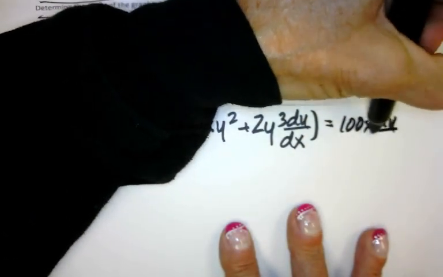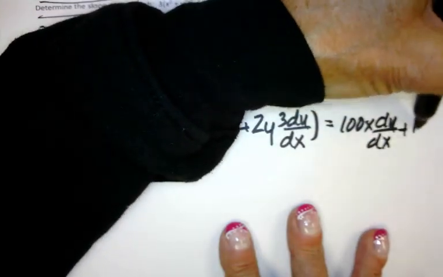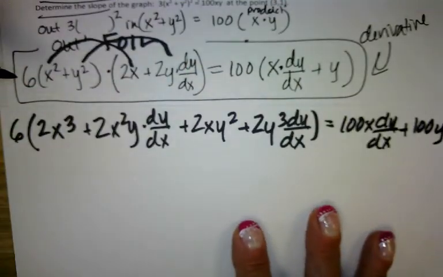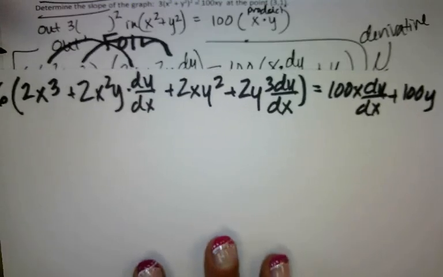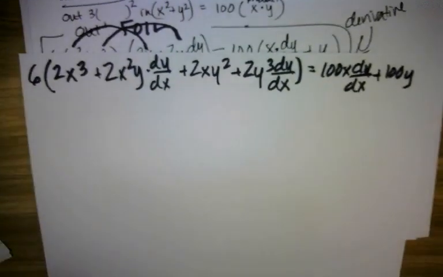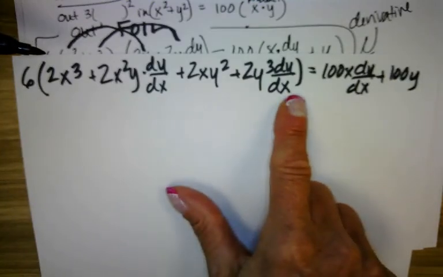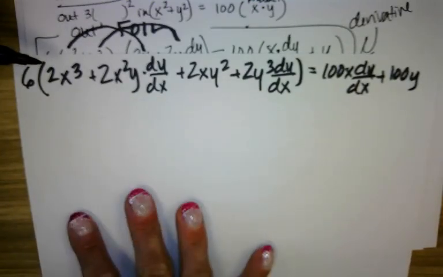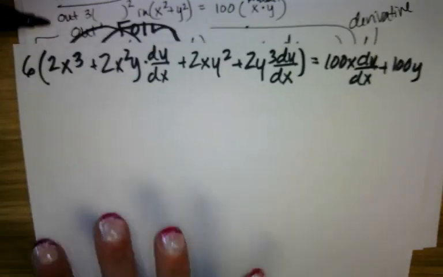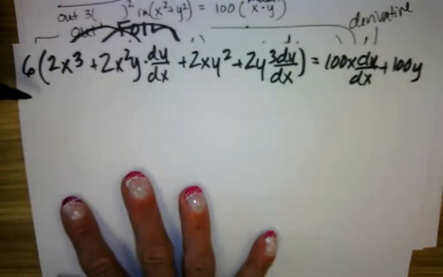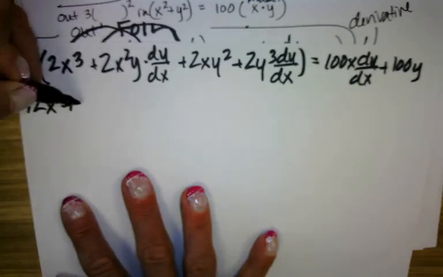Now what I tend to try to do, if I don't want to rewrite everything, is I'm only going to rewrite this side. I guess I could leave the 6 out there, but no, I want to distribute it. So I'm going to get 12x cubed plus 12x squared y, they're all 12s.